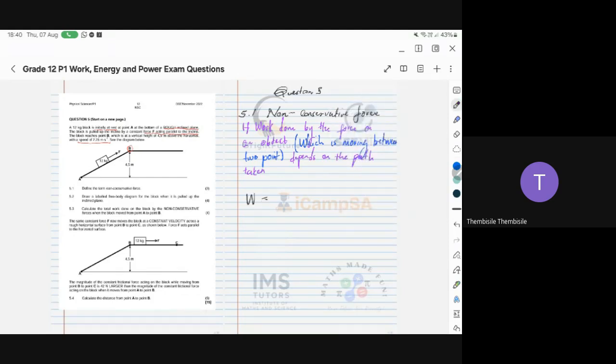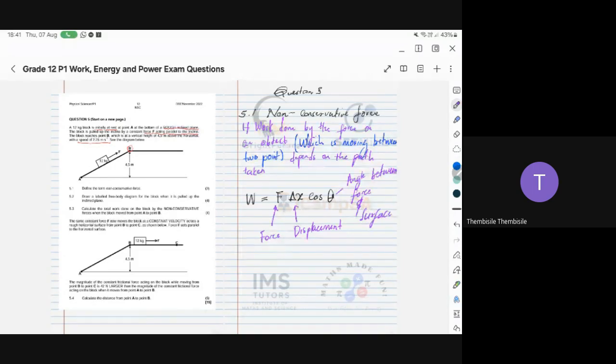If I were to show you, work done is force times displacement between the 2 points, times cos theta. I've taught this before. This is the force here, this is the displacement, and this is the angle between the force F and the surface.